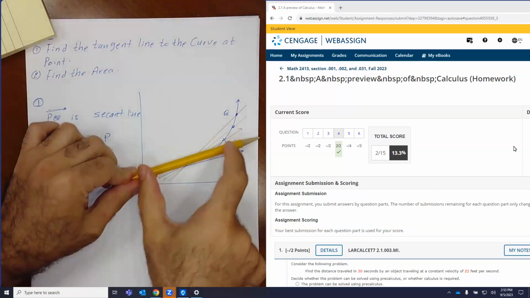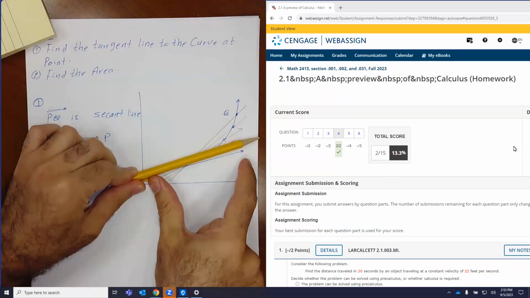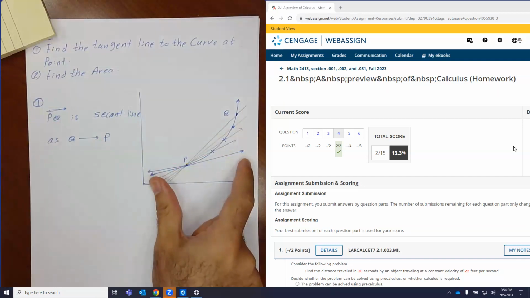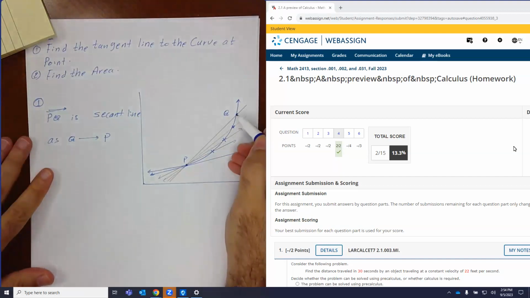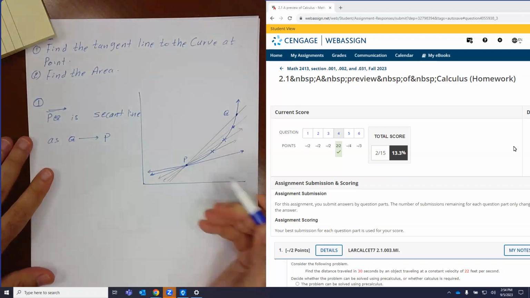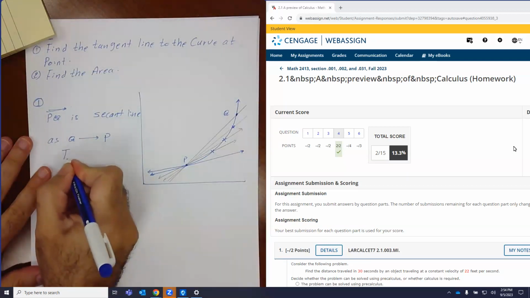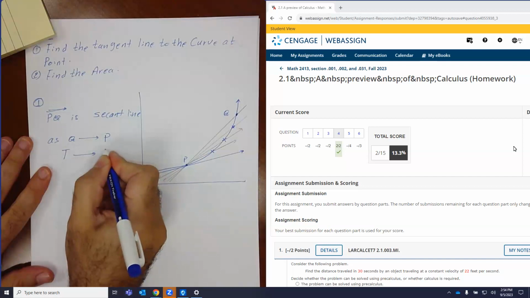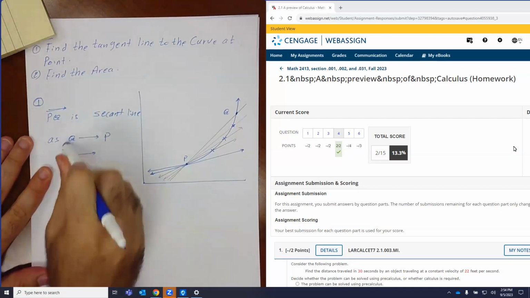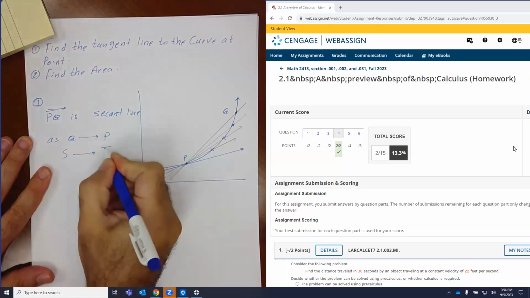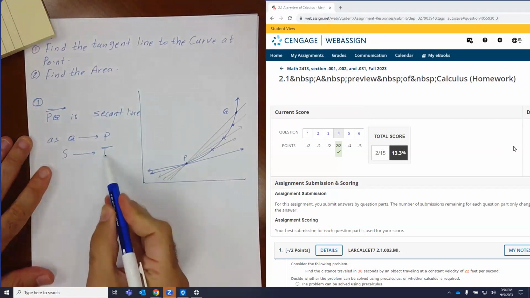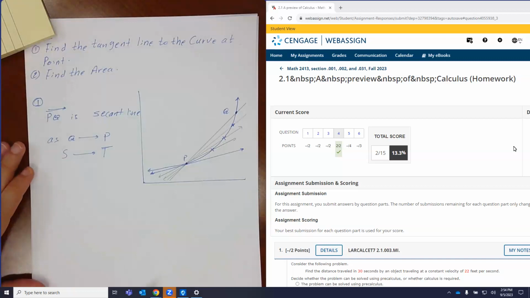You see the secant line approaches the tangent line. So now this is the first problem. Every time Q approaches the P, our secant line approaches the tangent line. And this is the first problem in this case. That's how we're going to know how to find the tangent line.